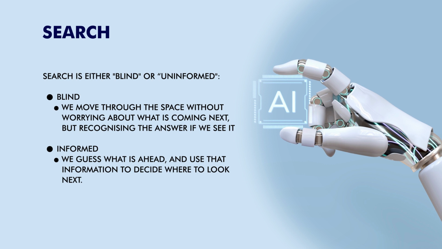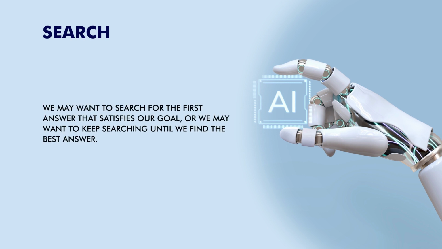Informed: we guess what is ahead and use that information to decide where to look next. We may want to search for the first answer that satisfies our goal, or we may want to keep searching until we find the best answer.